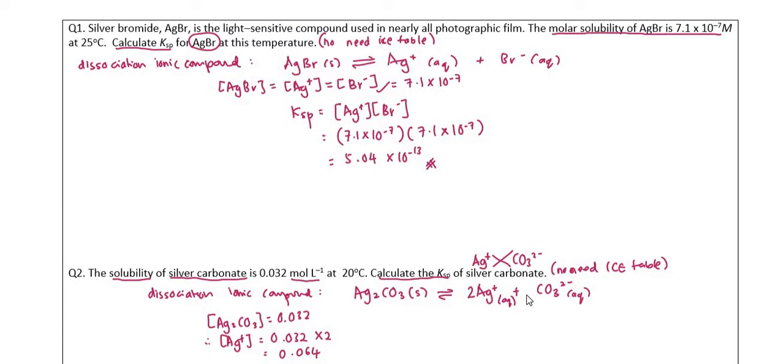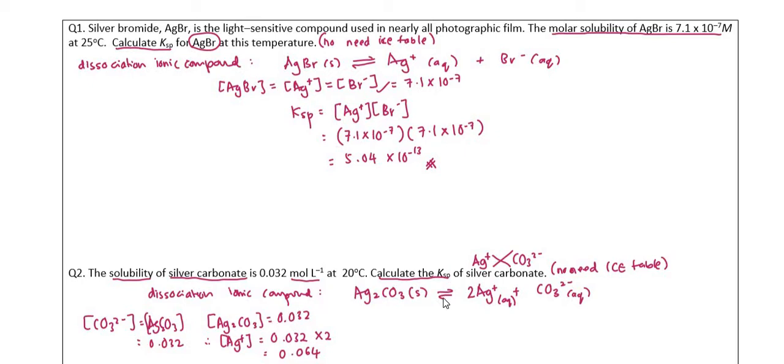It is similar to the concentration of Ag2CO3 because the ratio is 1 to 1, equal to 0.032. After you get the concentration, it means the molar solubility that I said before. Concentration is the same as molar solubility because the unit is mole per liter.